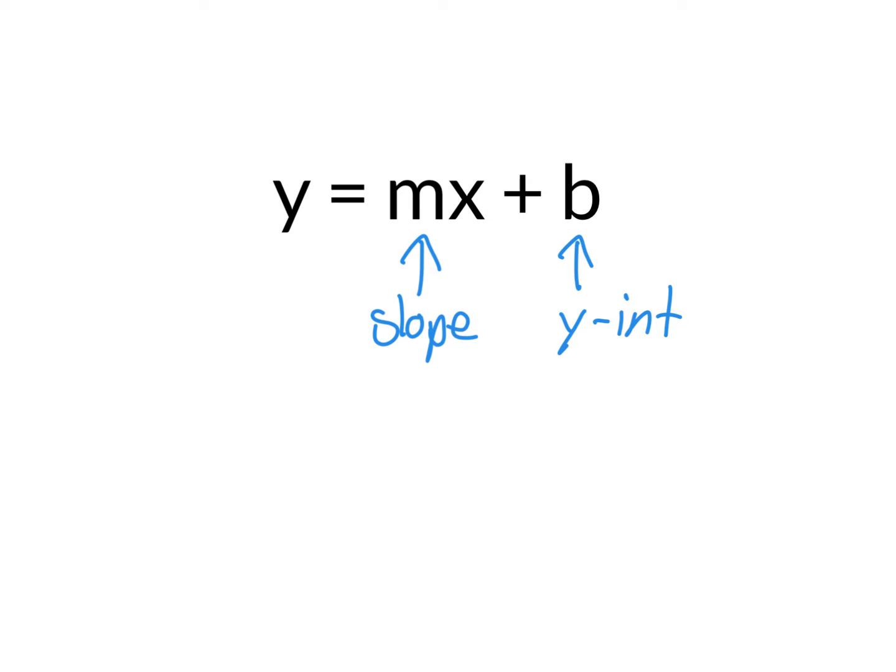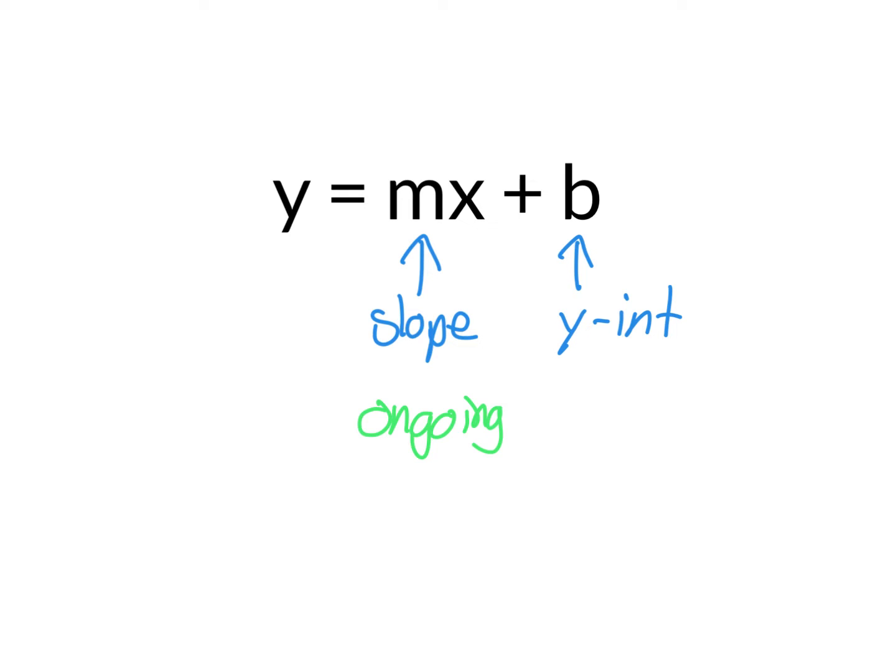Today we're going to take this equation one step further, and we're going to use word problems and put them into this particular equation. Now on this one, for my slope, this is going to be some sort of ongoing fee or charge, something that's going to be consistent every month.